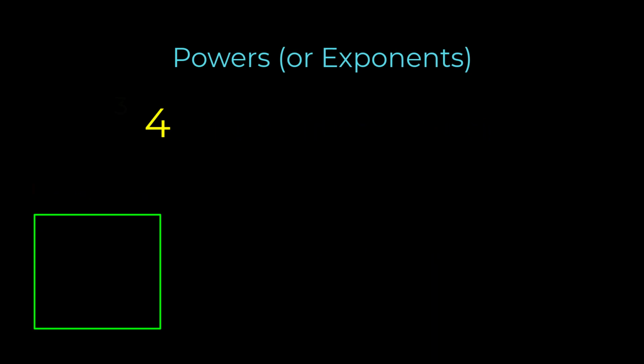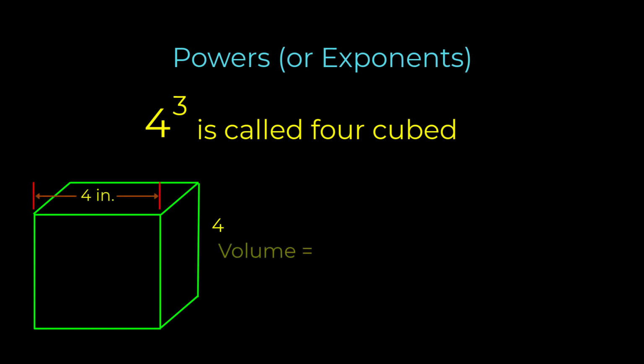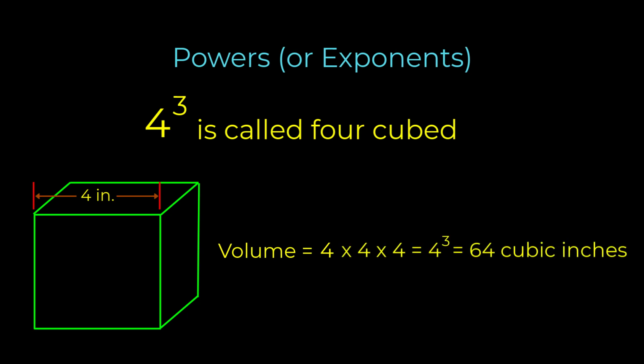If the exponent is 3, then we would say that this is 4 cubed. This is because you find the volume of a cube by taking the length of one side to the 3rd power. So a cube which is 4 inches on a side has a volume of 4 times 4 times 4, or 4 cubed, which is 64 cubic inches.